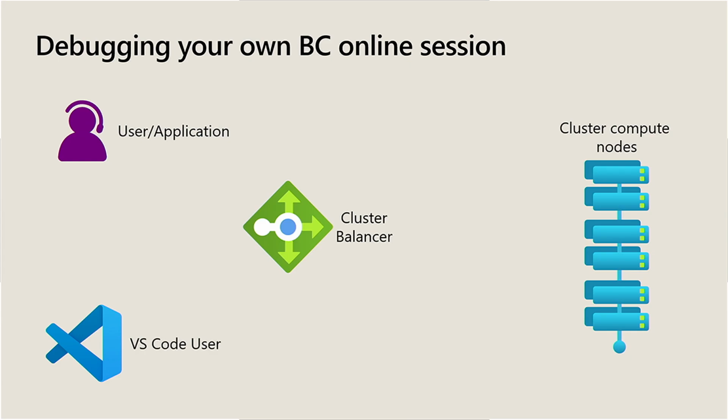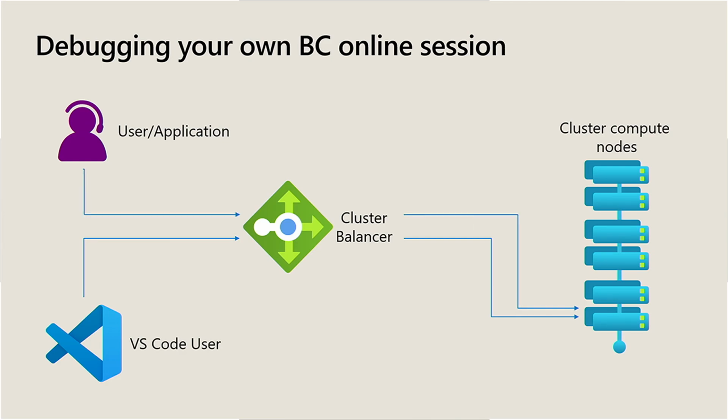If you're debugging your own BC online session, you go to VS Code, you press F5, initiate that debugging session, and the cluster balancer will find a node where to initiate that debugging context. And then the browser will be launched, and the cluster balancer will direct that request to the node where the debugging is taking place.